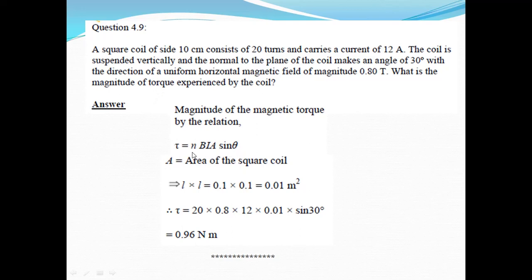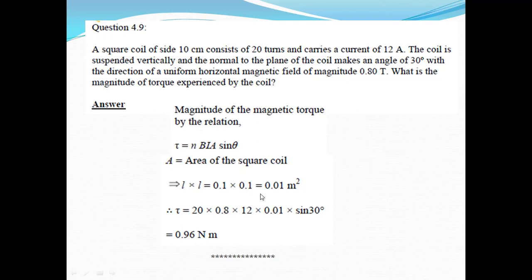So N stands for the number of turns that is given in the question as 20. B stands for the strength of magnetic field which is given as 0.80 Tesla. I is the current that is 12 ampere. A is the area of the coil. Only the side is given as 10 centimeters. So you have to find the area of the coil, 10 into 10, and convert it into square meters.